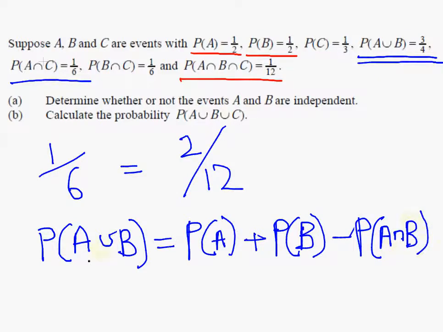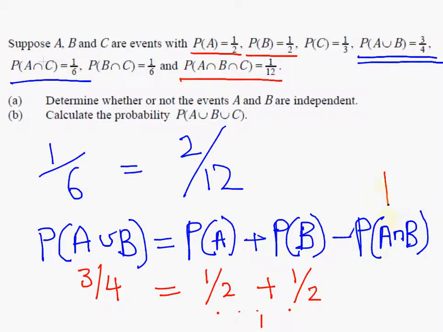Okay, so we know this is actually 3/4. That's equal to 1/2 plus 1/2, which is equal to 1, minus the probability of A intersection B. And so necessarily the difference between 1 and 3/4 means this is 1/4. So this has to be 1/4.